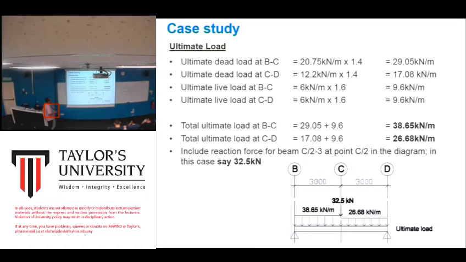And then after you have done the calculation, you have to multiply by the live load and dead load factors, the safety factors. You need to total it up, and this is the free body diagram of that particular beam.